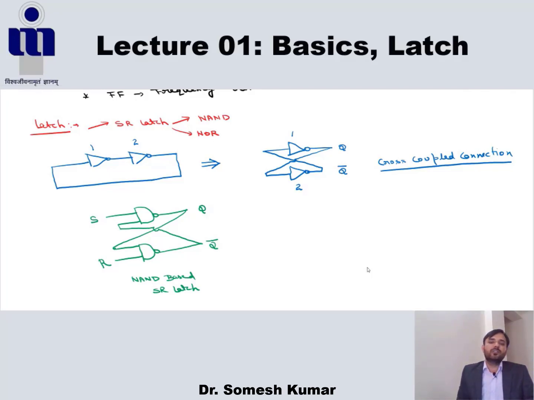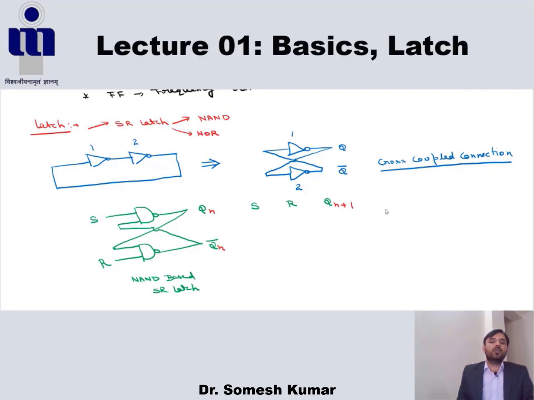Here in the truth table there are two inputs, S and R, and the output is Q. I am representing this output as Qn+1. Why Qn+1? Qn+1 means the output at time n+1, called the next state output, and Qn is the nth state output.